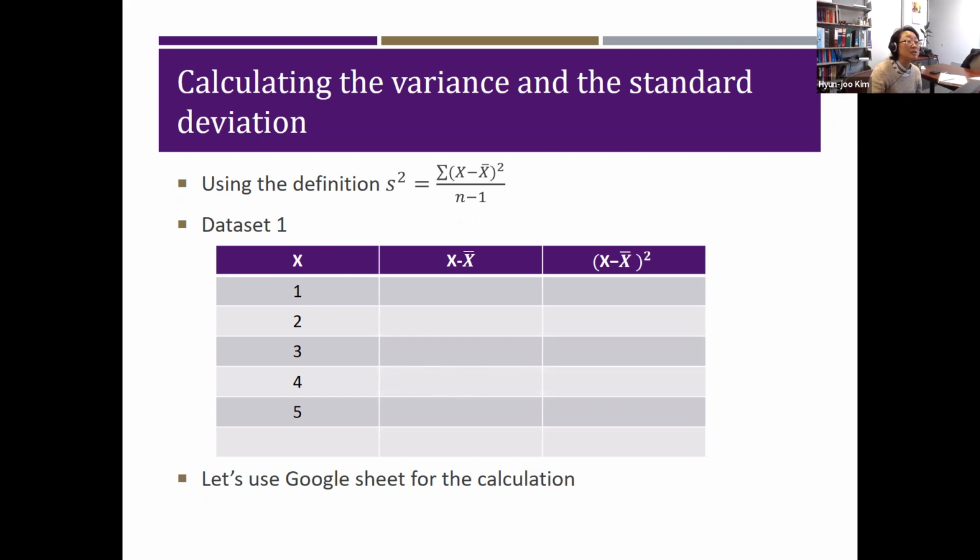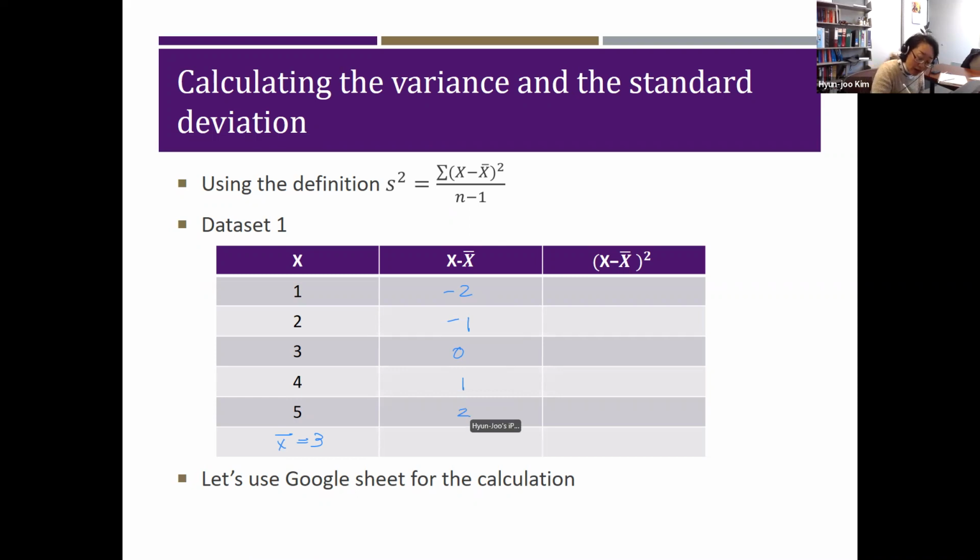As you can see in this table, your X is again your data set 1, 2, 3, 4, 5. In the second column, we're going to calculate X minus X bar. Here X bar is equal to 3, the central tendency measure. 1 minus 3 is -2. 2 minus 3 is -1. 3 minus 3, 4 minus 3, 5 minus 3.